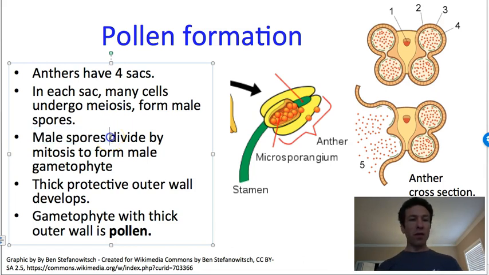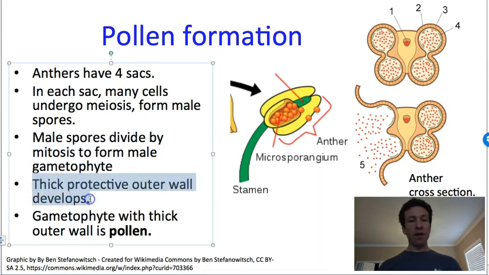Once formed, those spores are going to divide by mitosis to make haploid male gametophytes. Remember, a gametophyte is always a multicellular structure or a multicellular organism. So we have several cells, or at least a couple of cells, that result in this gametophyte.